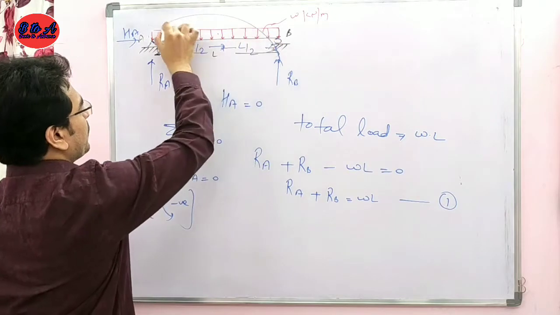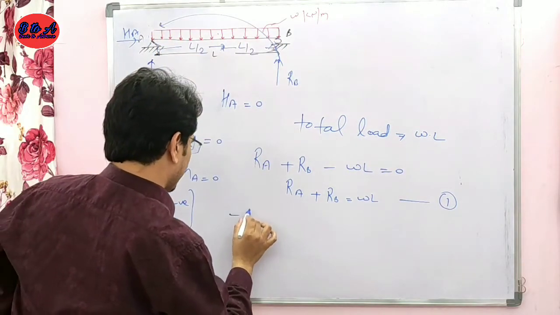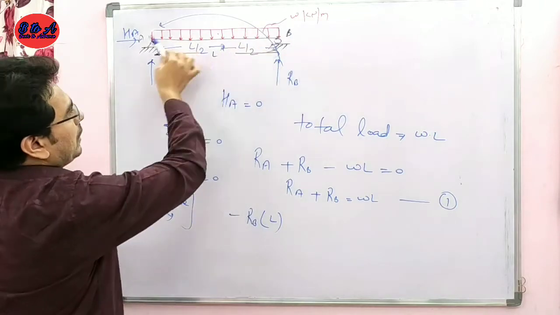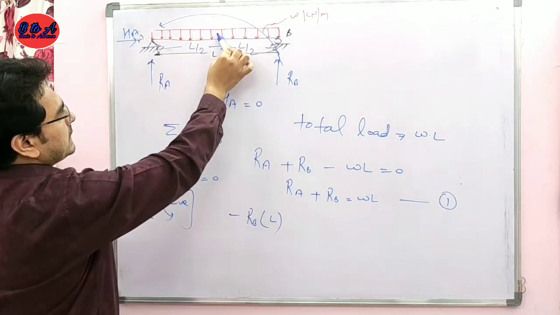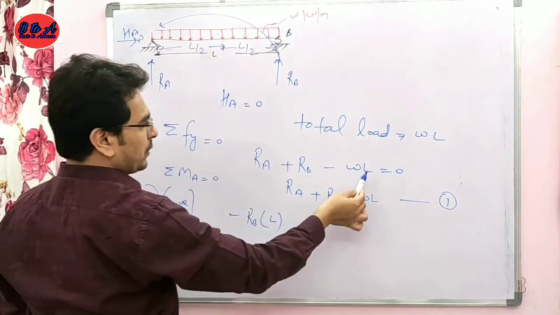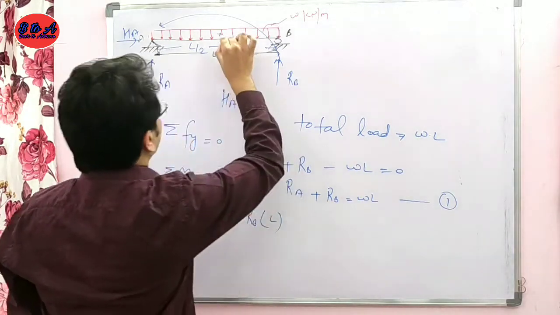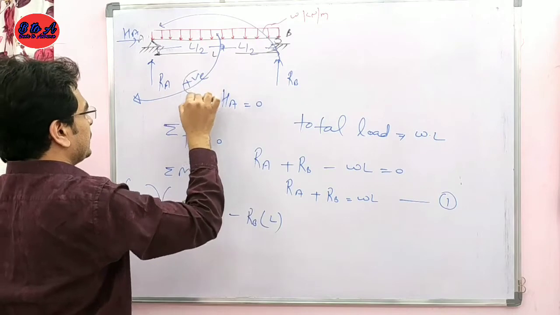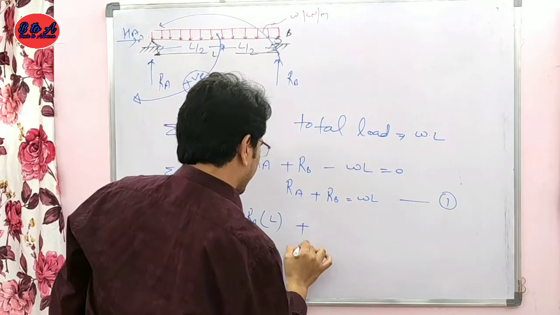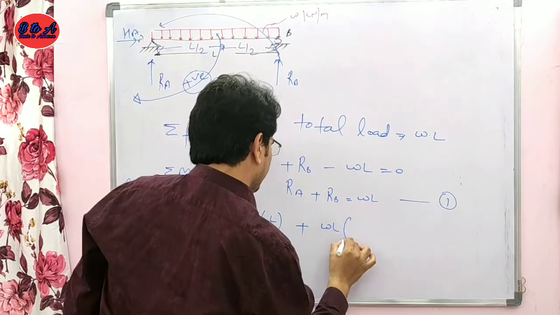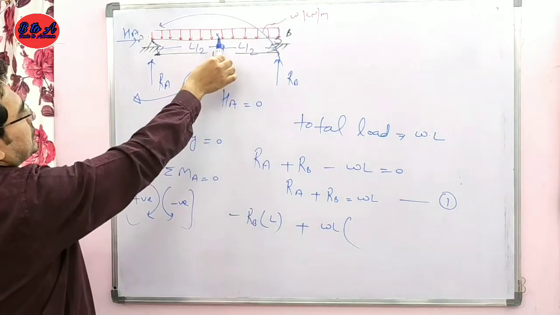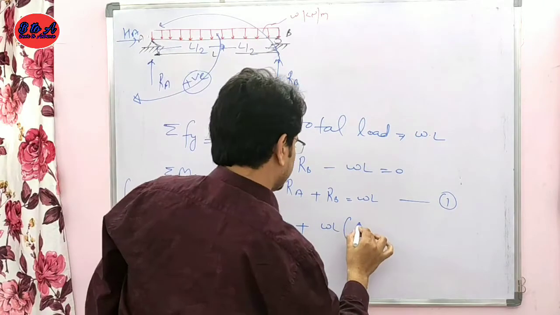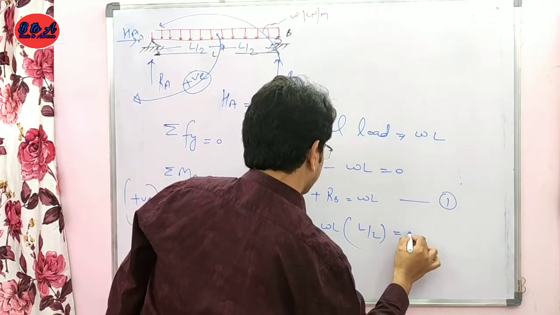So this RB will provide a negative movement, that is the minus RB at a distance of L. Now this total load WL will act at the CG of this area, and it will provide the positive movement. So I will take it as a positive, the total load WL multiplication of the distance from point A, that is the L by 2, is equal to 0.